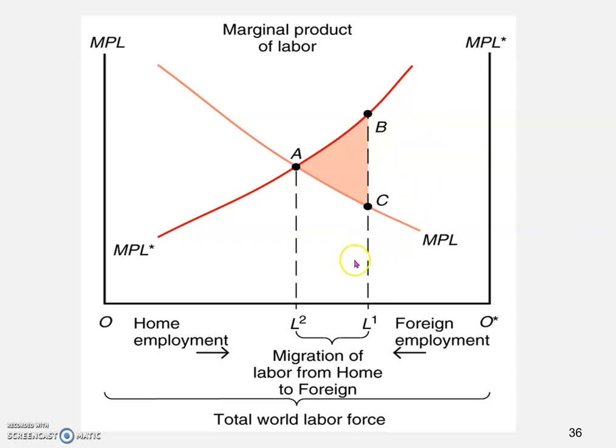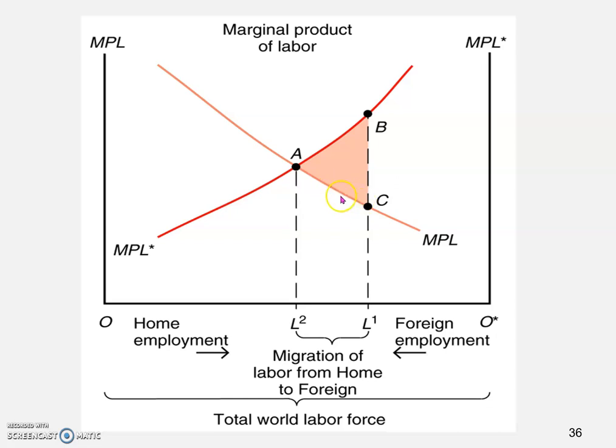Now, if that happens, then the labor amount in home would decrease, and that in foreign would increase. When labor in home decreases, we're going to move up along its MPL curve. Remember, the fewer amount of labor means the higher productivity of the last unit of labor in production, because of LDR, the law of diminishing returns to labor.